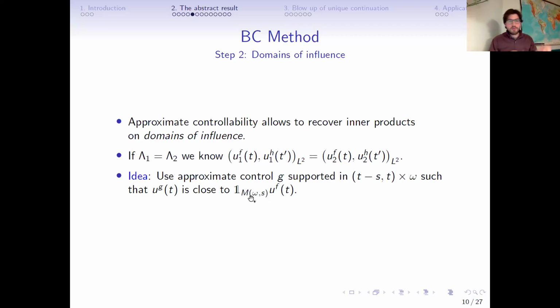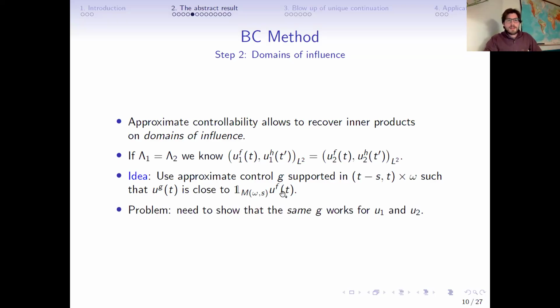So you choose your control appropriately so that by finite speed of propagation, it will be supported in some domain of influence. So a fortiori, this is going to give us a characteristic set in a domain of influence. And this, we can do it. We can find an approximate control.